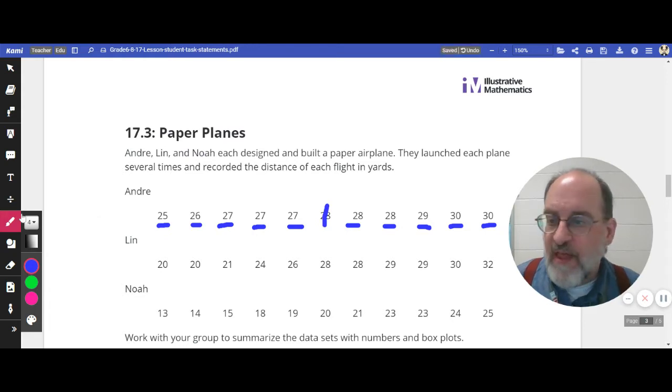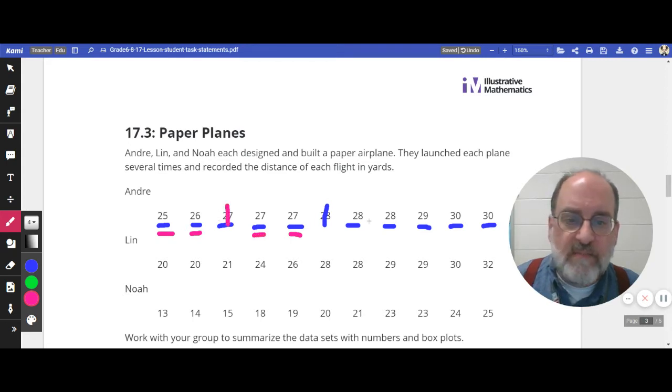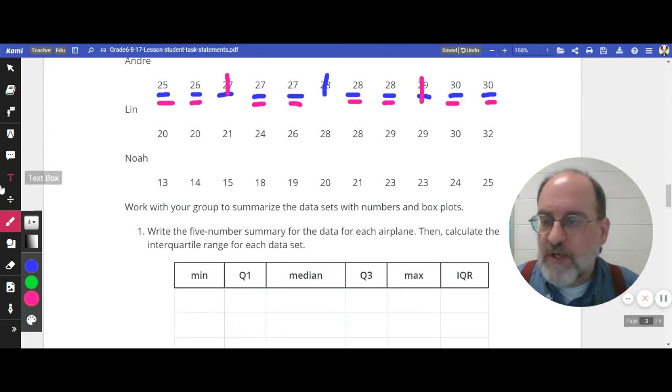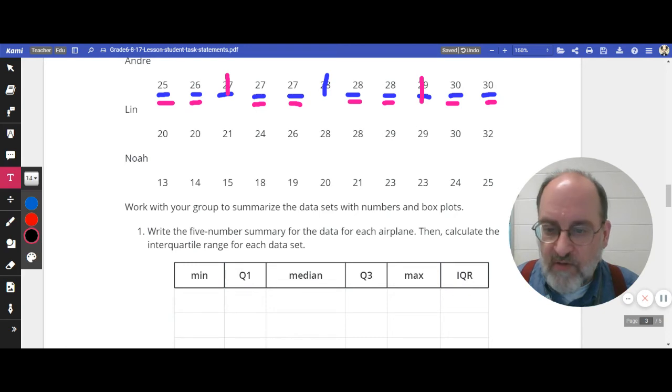Okay, so then when I try and find the first quartile, I try to find the middle of the bottom half here, I get 27. And when I do the same thing here, I get 29.